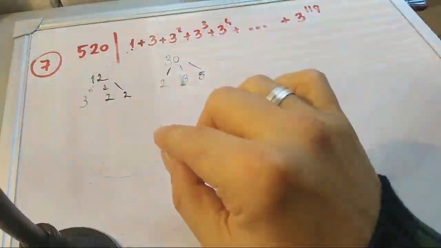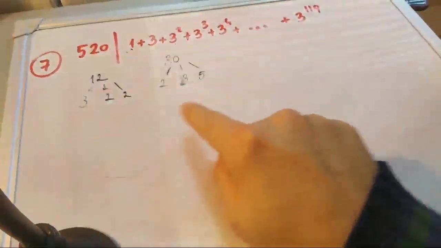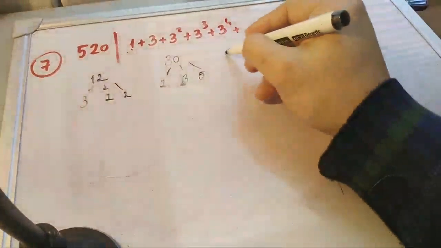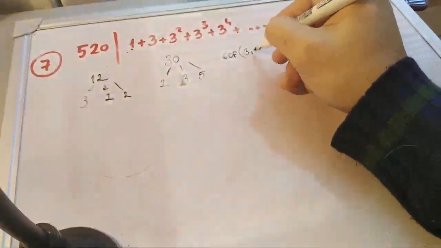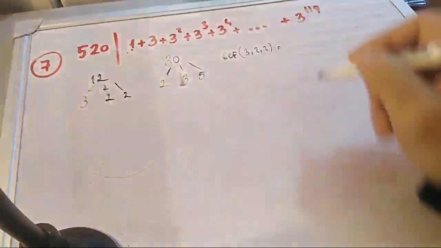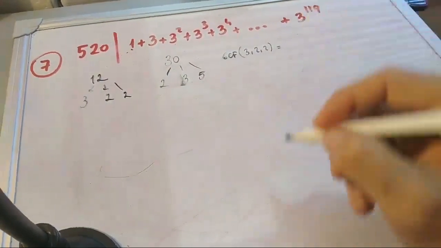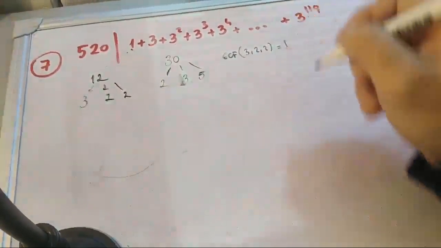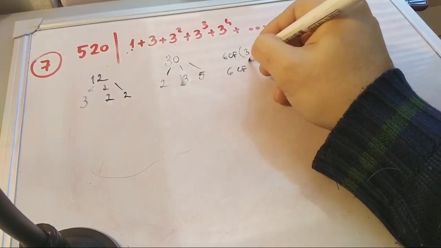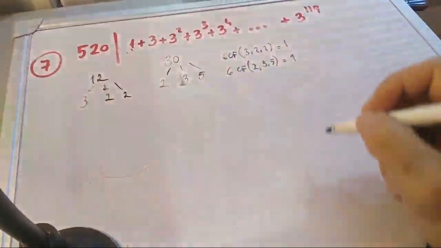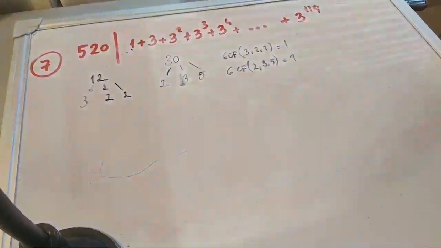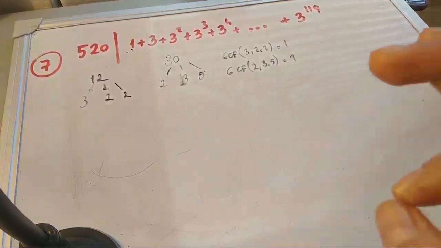Here, when we find the greatest common factor of 3, 2, 2, what is it? 1. What is the greatest common factor of 2, 3, 5? Also 1. So it means that when we find prime factorization of numbers, the greatest common factor of the numbers must be 1.